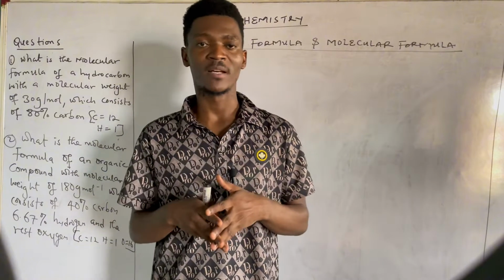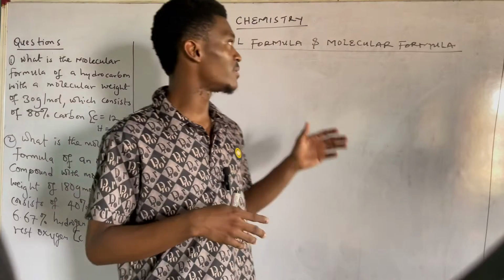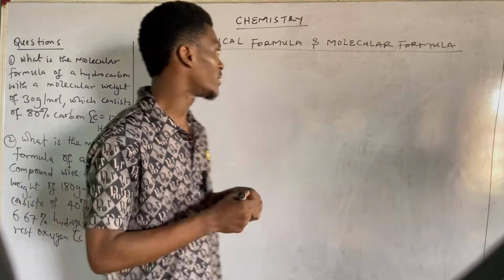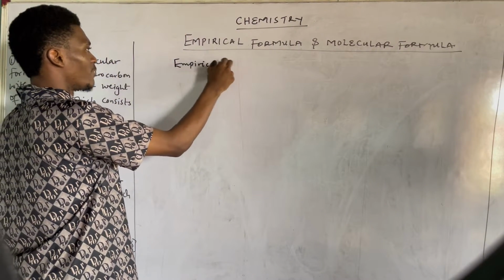Now I want you to pay attention, be very focused and be very attentive as we run through empirical formula and molecular formula. When we start by looking at empirical formula, the question is, what is empirical formula?